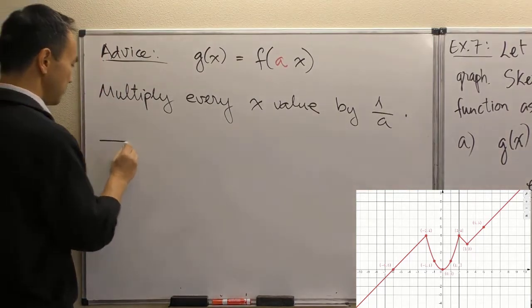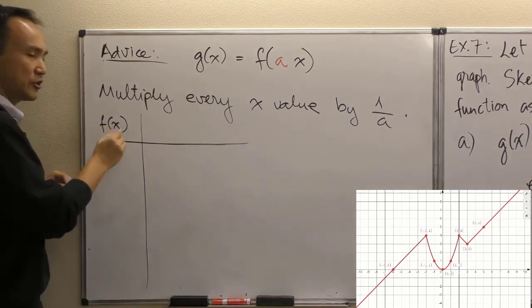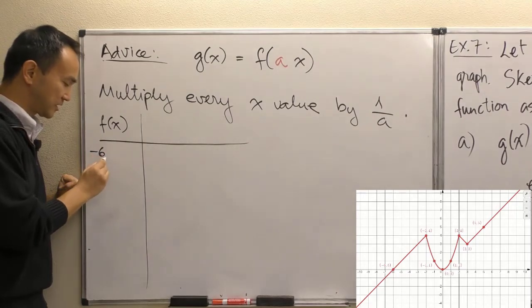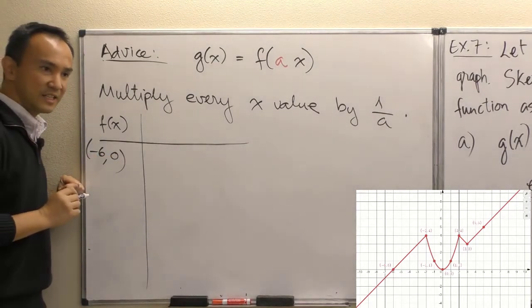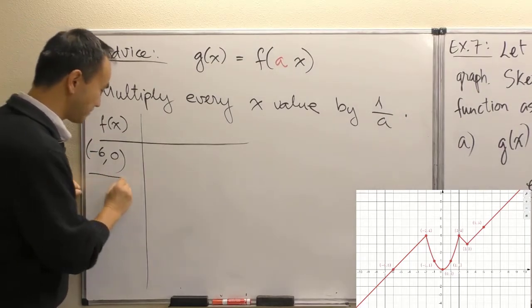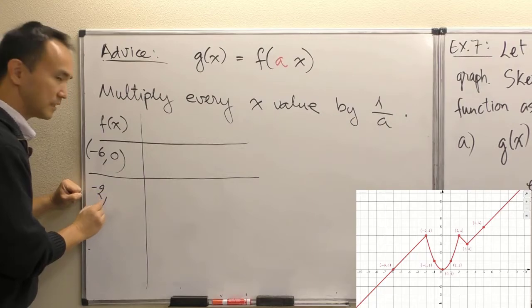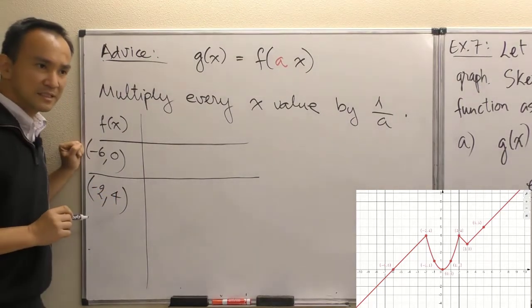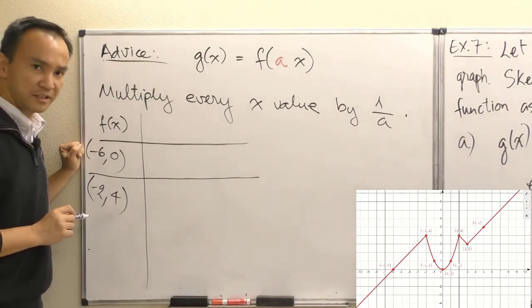On this table, for f of x, the original graph in red right here, I have the first point at minus 6, 0. I have another one at negative 2, 4. You can read the graph along the way with me as I nail down these points on my table.